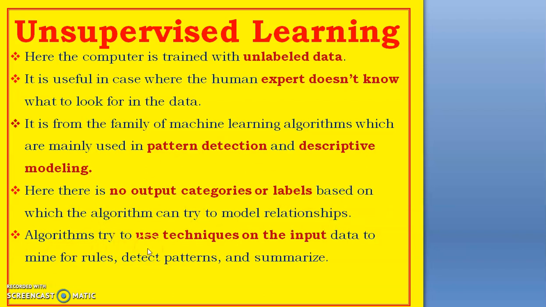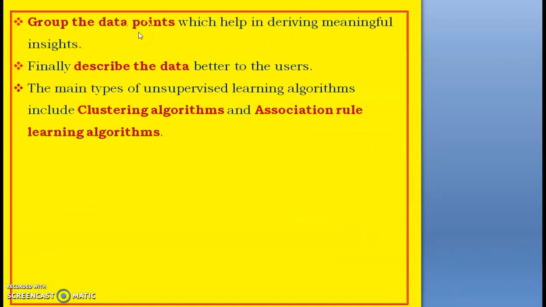The algorithms try to use techniques on the input data to mine for rules, detect patterns and summarize the group of data points, which helps in deriving meaningful insights and finally describing the data better. The main types of unsupervised learning algorithms include clustering algorithms and association rule learning algorithms.